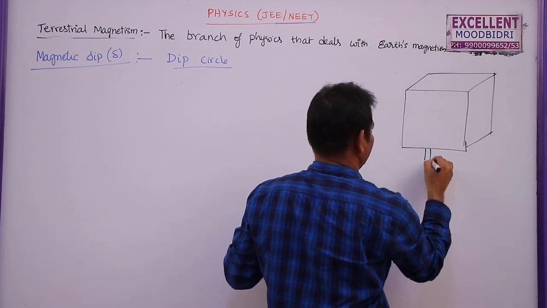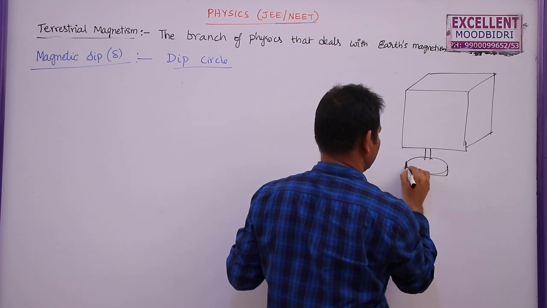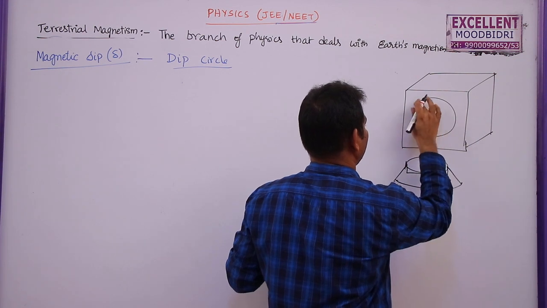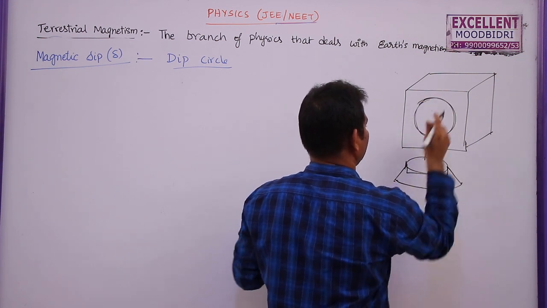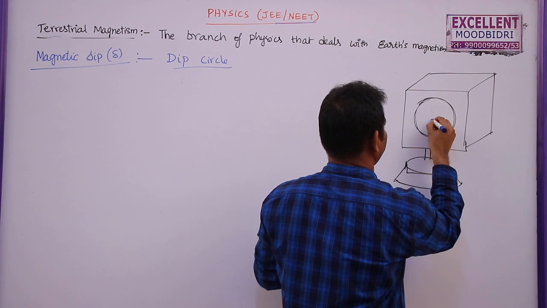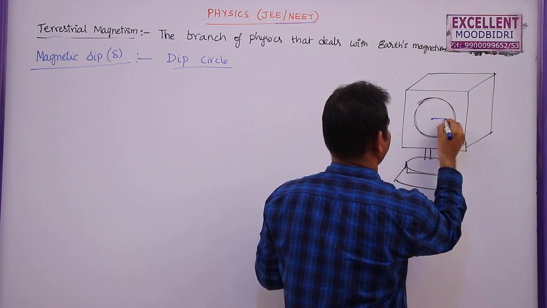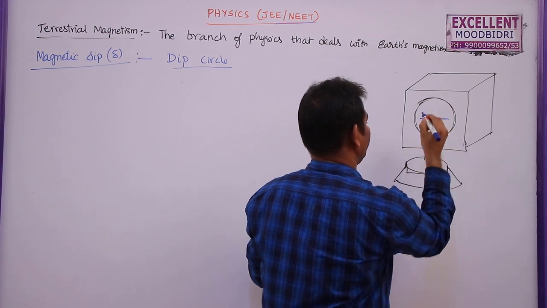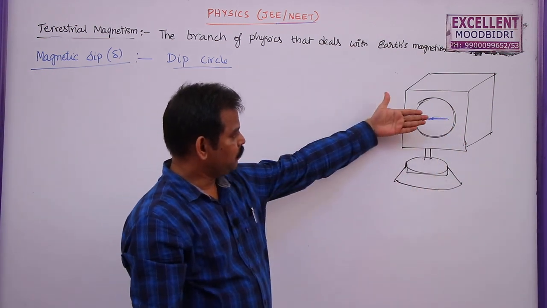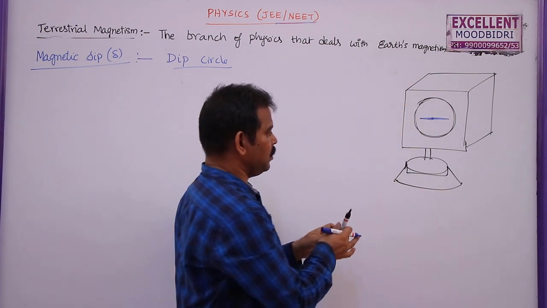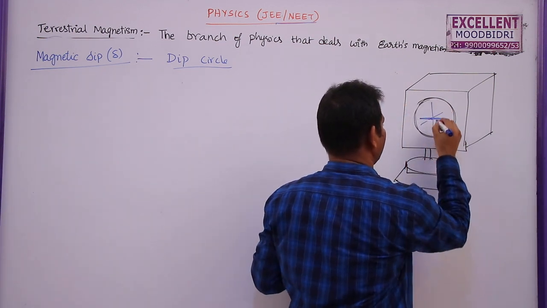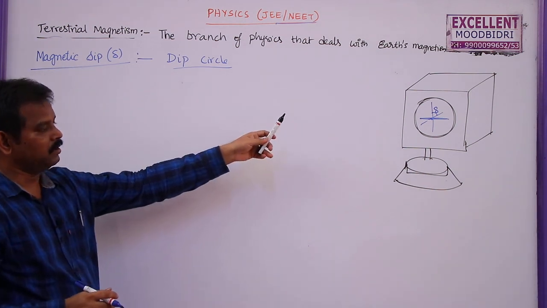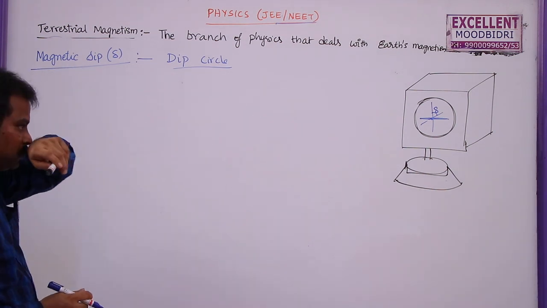In that we will keep one vertical circular scale in which a magnetic needle is suspended or pivoted at the center. Now when it is kept like this, it makes some angle. The angle made is called the dip angle at that point. It may be 10 degrees, 30 degrees, 40 degrees. It varies from place to place.